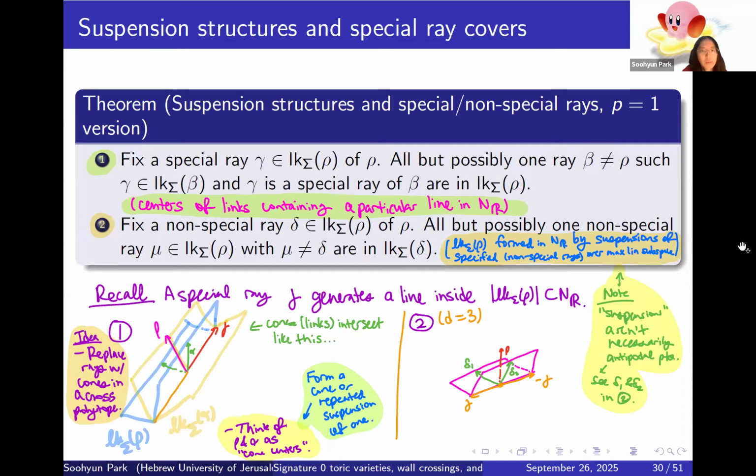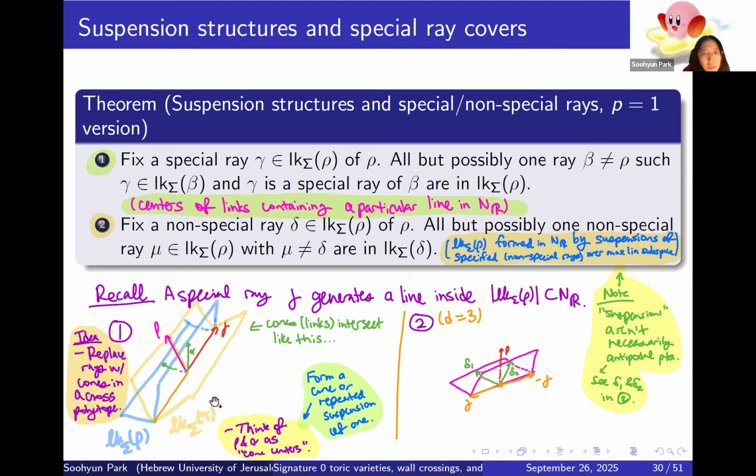So for part 1, I just drew a picture. The general idea, which I can't actually draw because it just gets too complicated, is to imagine a cross polytope, except that you replace the rays by cones, because what part 1 is really about is basically suspending a bunch of cones over a linear subspace.